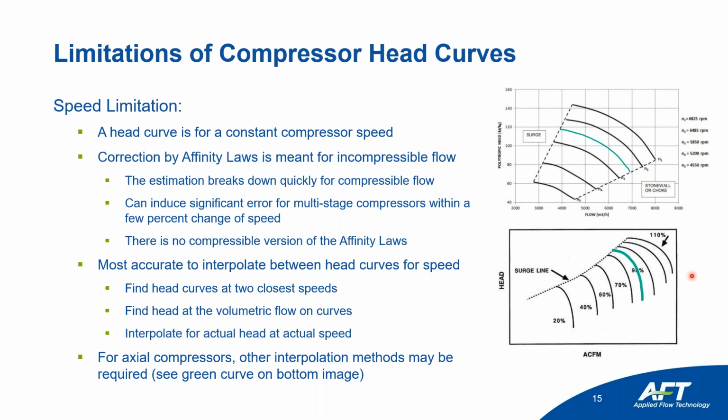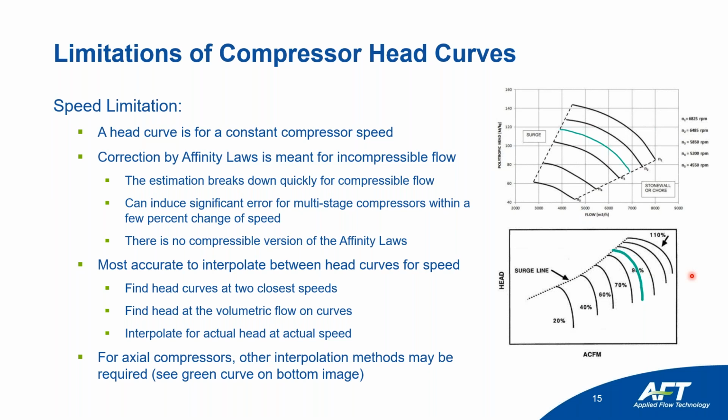And you'll see that people will correct these compressor head curves for different speeds with the affinity laws. That is something you should do very carefully and maybe avoid if you can. That's because this estimation of the affinity laws breaks down very quickly for compressible flow. It's assuming the flow is incompressible.